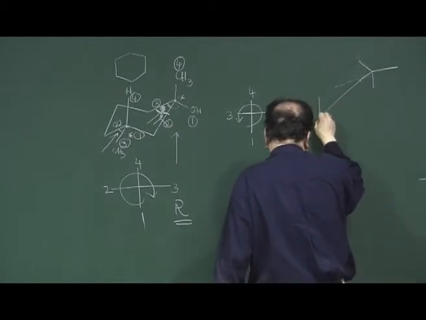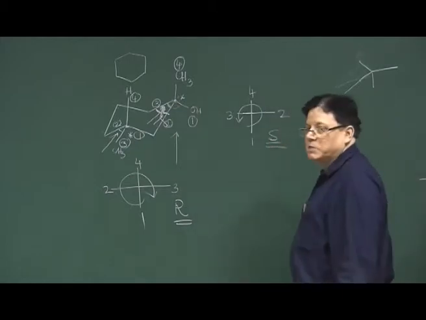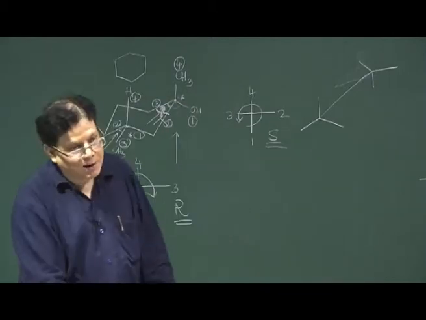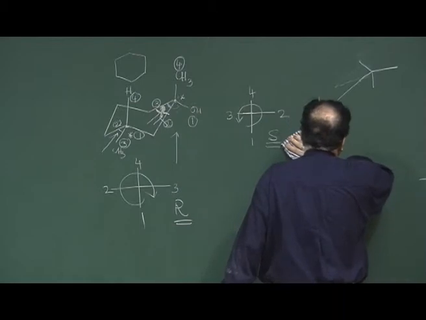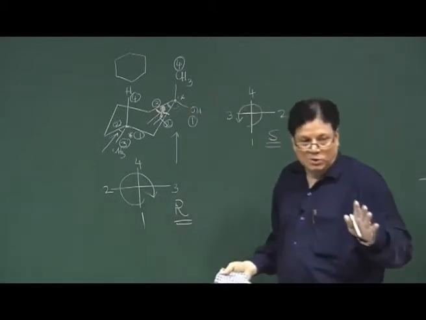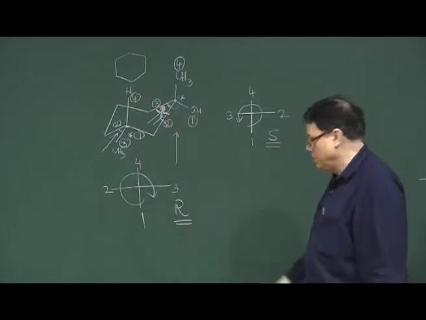So, what I say is that you always view it in a fashion which gives the lowest angle. That is a kind of mnemonic. It is not a hard and fast rule that you have to follow, but I think for students at the beginner stage, this will be very helpful.